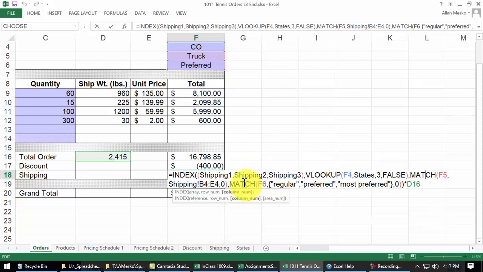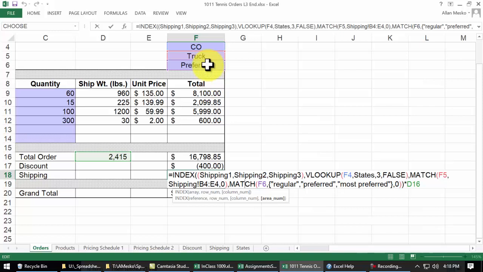The third thing we want is what area do we want? We've got these 3 different areas that we could look it up in. That's shipping 1, shipping 2, shipping 3. And the match says, if I can tell you what position number, 1 would go to shipping 1, 2 would go to shipping 2, 3 would go to shipping 3.